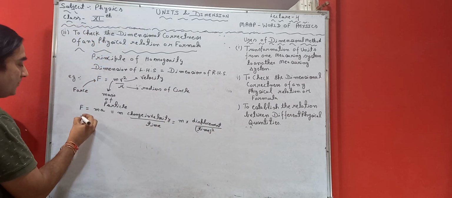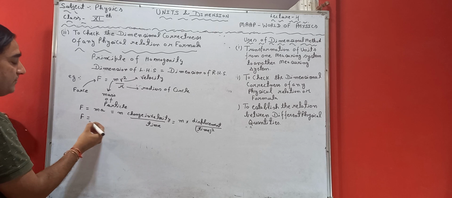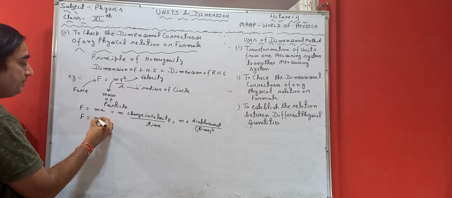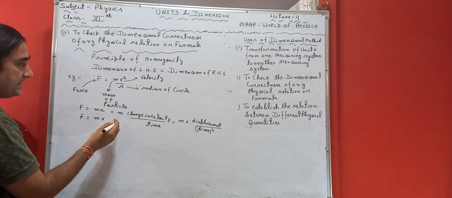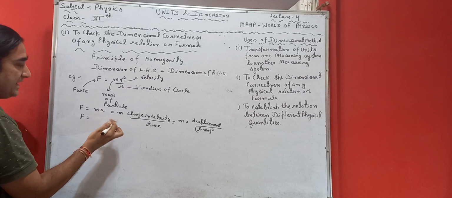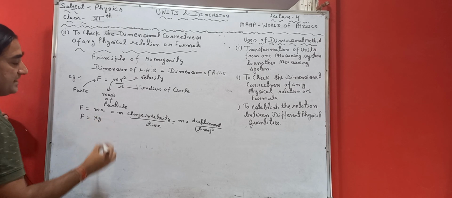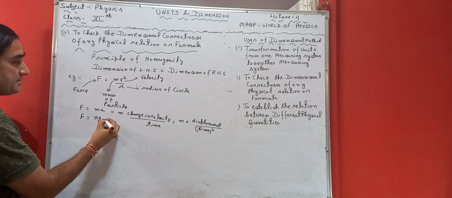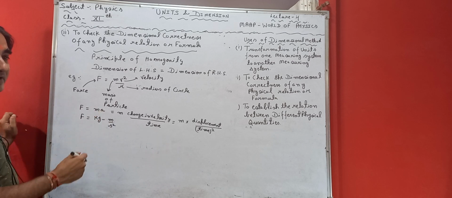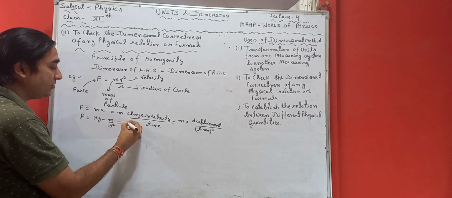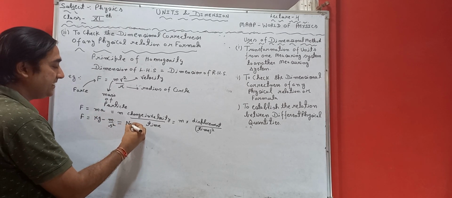So what is the unit of force? Force is mass multiplied by displacement upon time square. If mass is written in kilogram, then displacement is in meter and time in second square. So this is the unit of force, which I have already told you is equivalent to Newton.